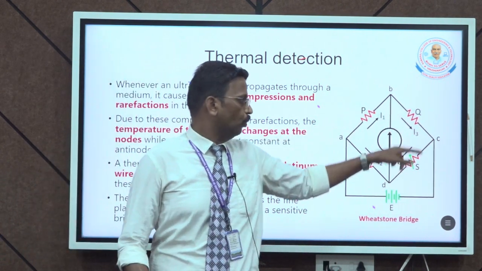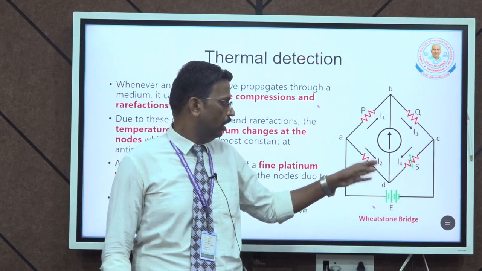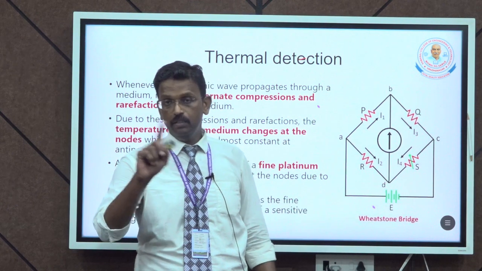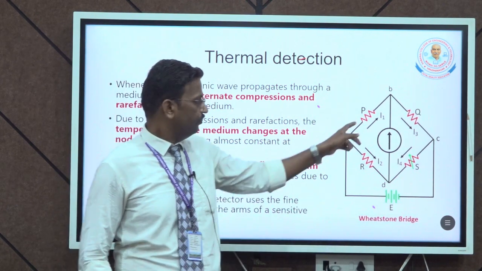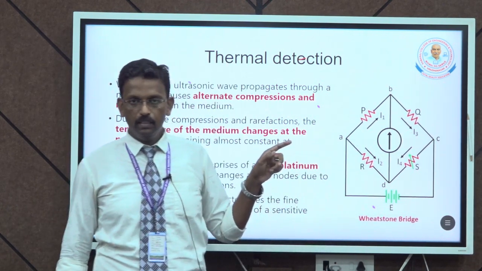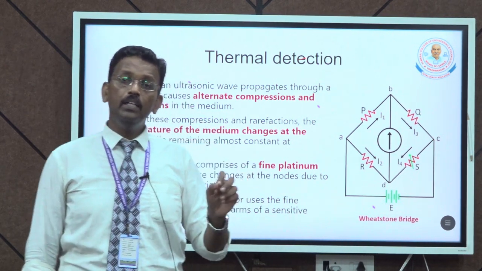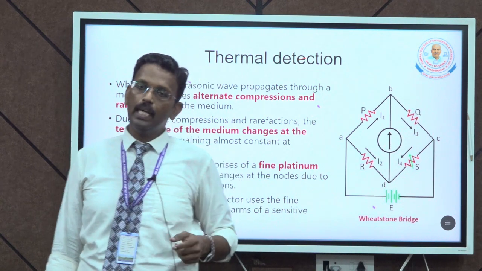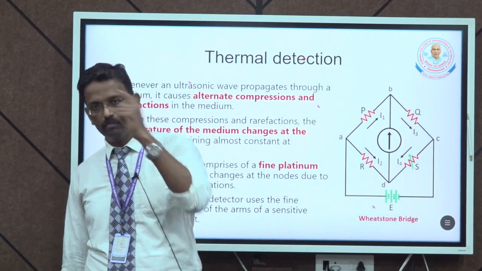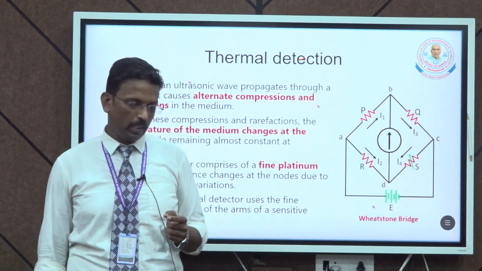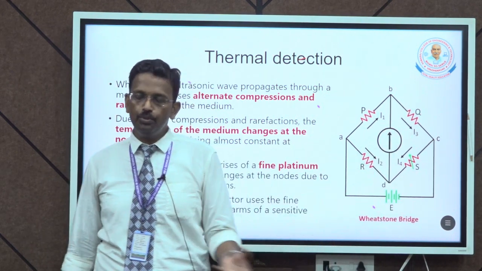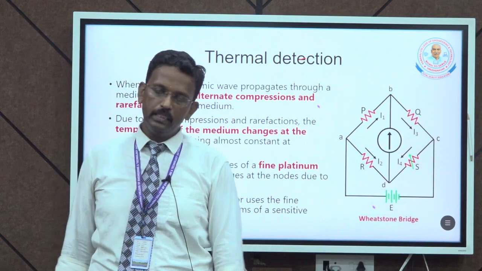If all the 4 resistances are equal, and we connect one galvanometer, the galvanometer shows a null deflection. If any one of the resistances varies slightly with respect to the other 3, some current will flow through the galvanometer, so it shows some deflection. It is a simple circuit used to measure an unknown resistance.